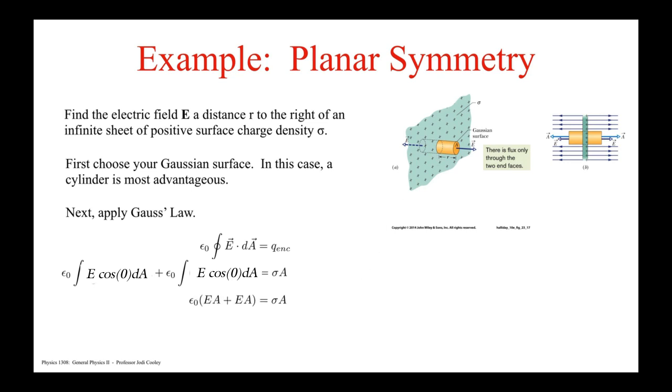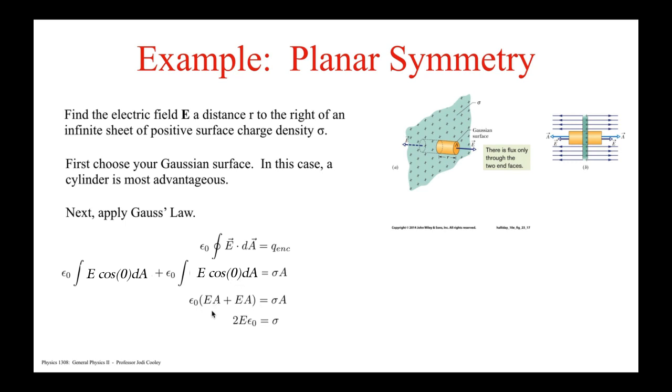So again, here you will get from this first integral E times 1, which is a constant. And when you do the integral of dA, it will give you A. So you have EA. Similarly, the second integral is identical to the first, and so you will also get an EA from doing this integral.